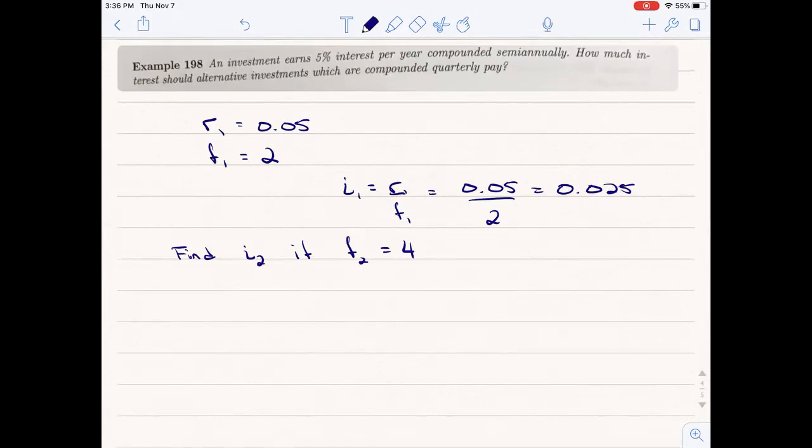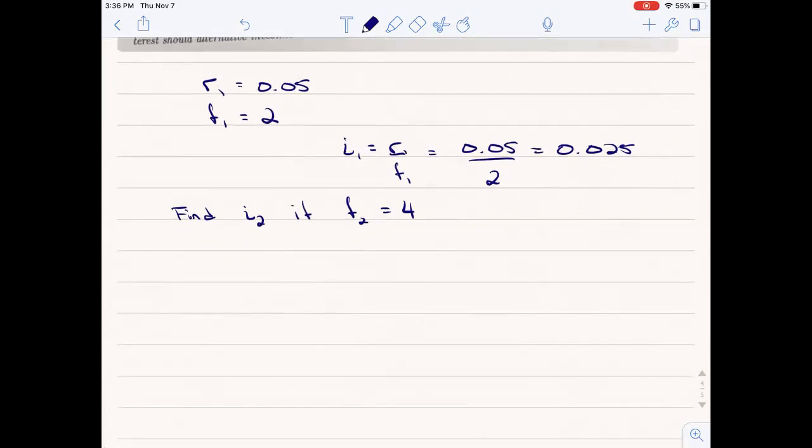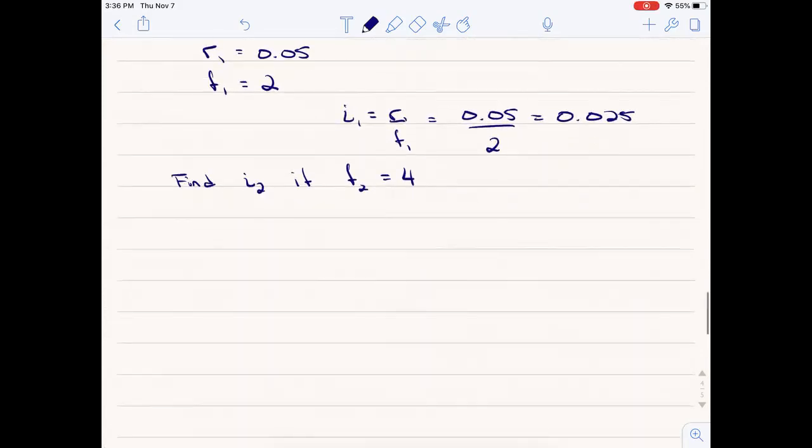We could take it back to the nominal rate, but I'm just going to find the periodic interest rate and leave it at that. So I2 is 1 plus I1, to the power of F1 over F2, then minus 1.